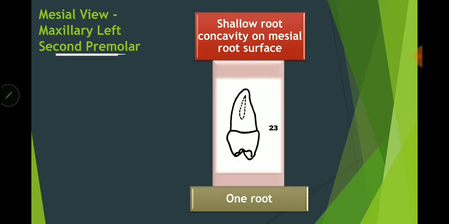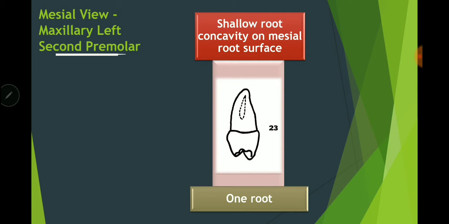Okay, so this is a mesial view of the maxillary second premolar. There is a shallow root concavity on the mesial root. So make sure you know which teeth have root concavities. All right, that is very important.